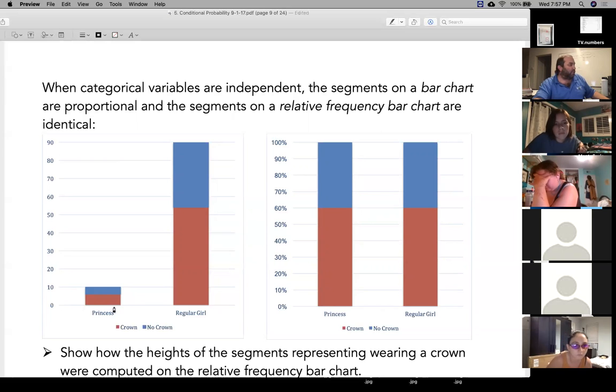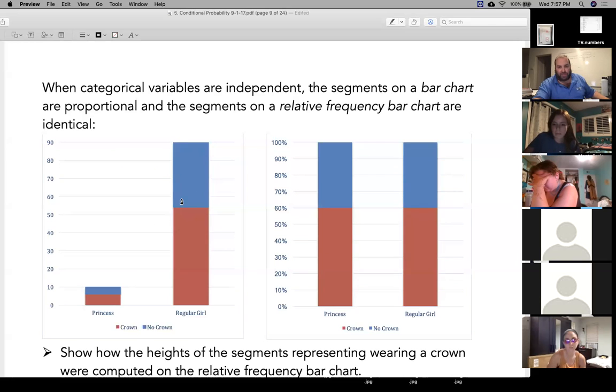Now, how many regular girls were there in this kingdom? 90. And how many of those 90 wore crowns? 54. So this column is going to be higher because there's more people, but it's still 60% shaded red. So the amount that's shaded red in each is exactly the same.